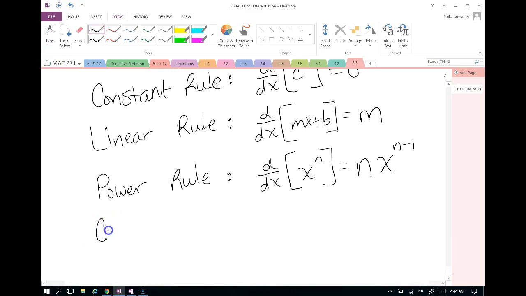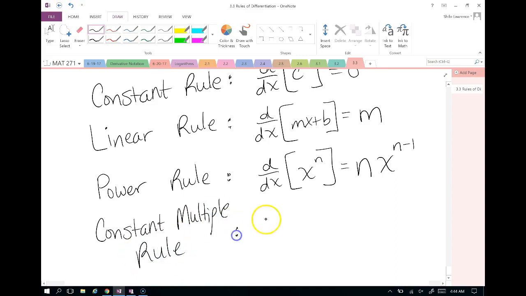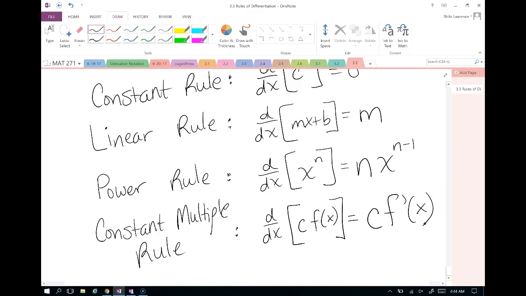And then we had the constant multiple rule, or the coefficient rule, that says if you're taking the derivative of some function that has a coefficient, you really are just going to carry the coefficient over to your answer and take the derivatives of just the pieces that have x's. So that c is the constant multiple. It just gets transferred to the answer.